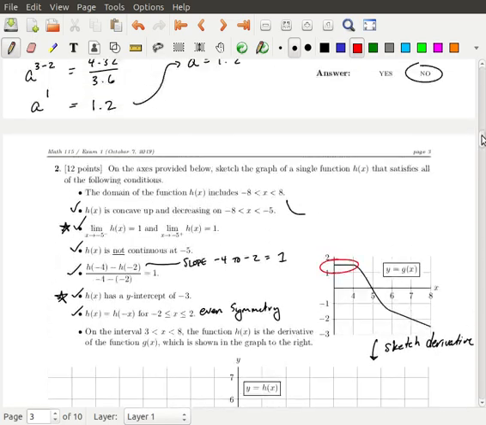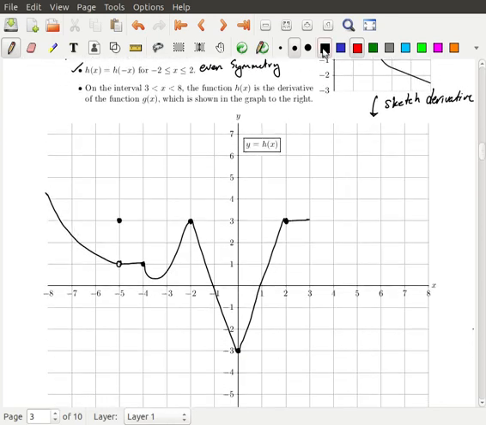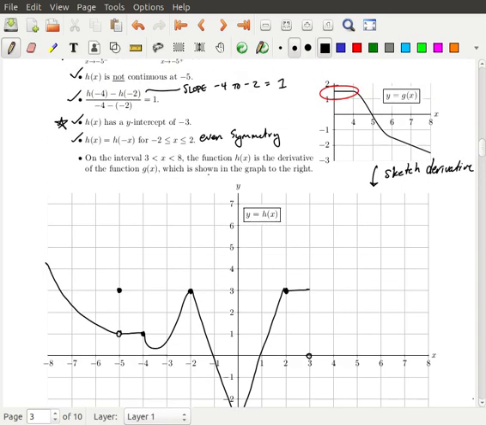Oh, actually, it doesn't say anything about continuity. Domain. Nope, doesn't say anything about continuity, so that's fine. So we'll put an open hole there. And this is a really subtle point. It says the derivative, so it's the derivative on 3 to 8 not inclusive, which is why I'm putting an open hole here.